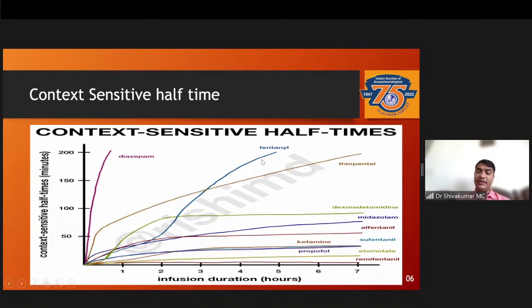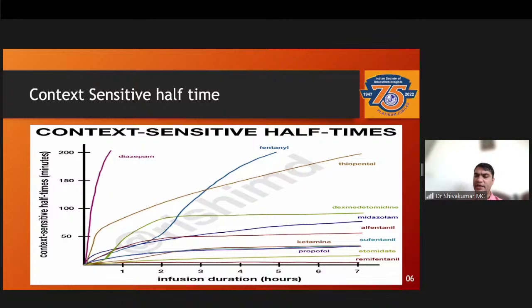Similarly, with fentanyl, which some centers use as an infusion, we should not be using a fentanyl infusion. It should be given as intermittent boluses, because the context sensitive half time of fentanyl is also very high. Again, thiopentone is not suitable. Its context sensitive half time is also very high. If you infuse for 6 to 7 hours, it takes more than 200 minutes to decrease by 50%.